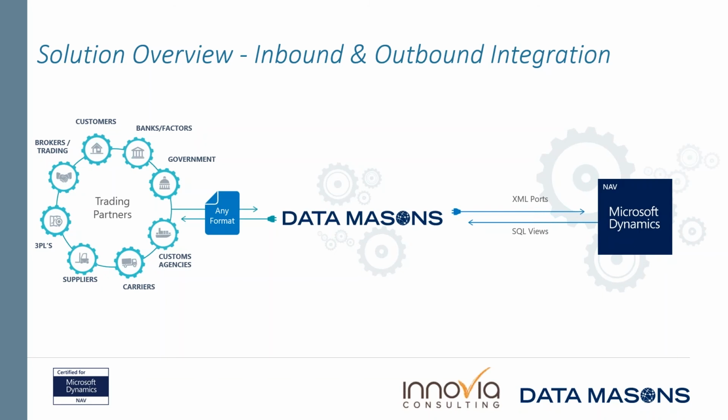If you think about off to the left, the outside world, we've got our customers, et cetera. We've got an order coming in. Maybe it's EDI, maybe it's XML, maybe it's flat file, maybe the communication is direct, such as AS2 or FTP, maybe it's through what's called a value-added network, VAN.